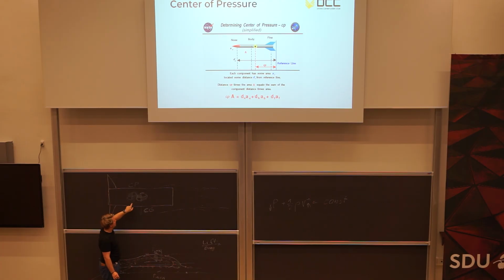And because the center of pressure is behind, it will correct itself in the way of the center of gravity going right into the wind and the center of pressure following it. So that's the basic way of how to get anything to be stable in any kind of way.